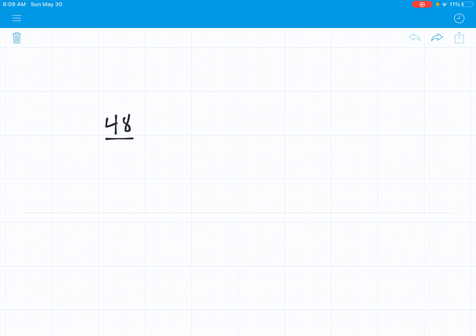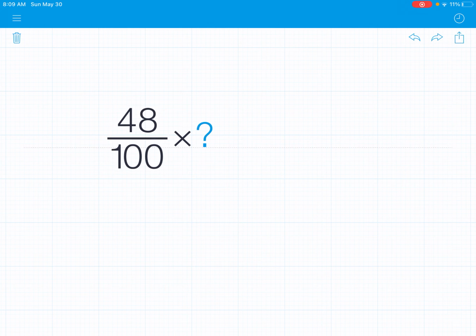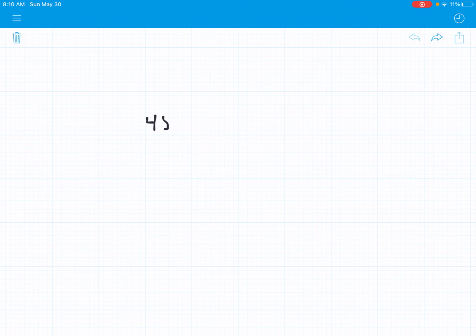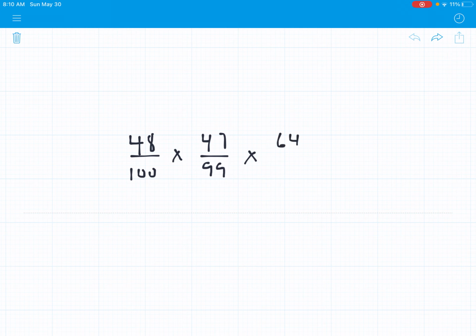48 over 100 times 47 over 99. The thing is, if you pause with this calculator, oh no, I wrote it wrong. I can't talk and do this at the same time. If you pause, it's going to calculate, and you don't want that. I did it again.